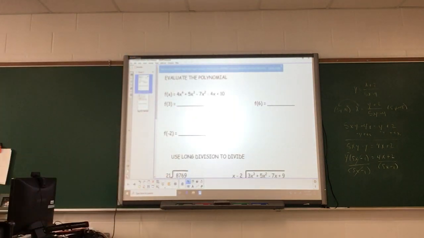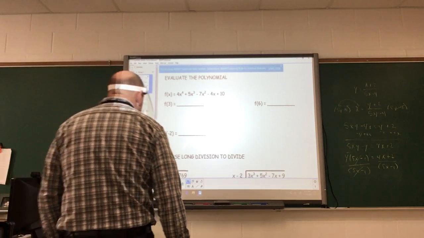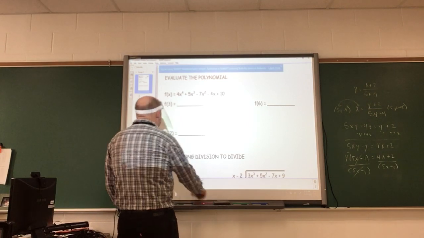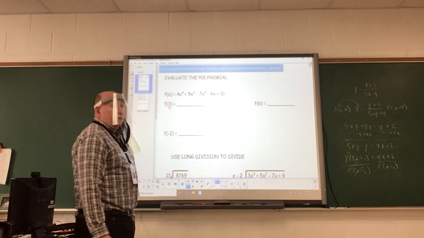If we have a polynomial, 4x to the 4th plus 5x cubed minus 7x squared minus 4x plus 10, I ask you to evaluate this polynomial at a value of 3. Well, my x value is a value of 3.